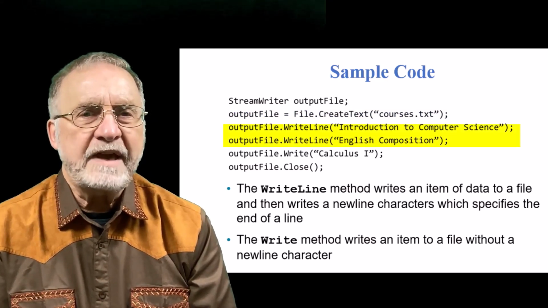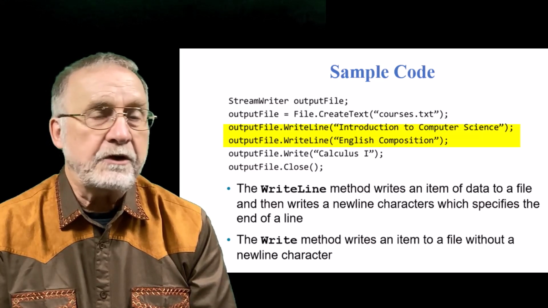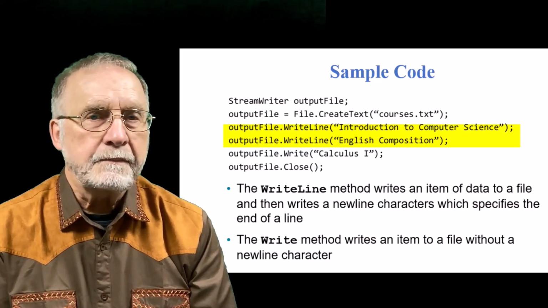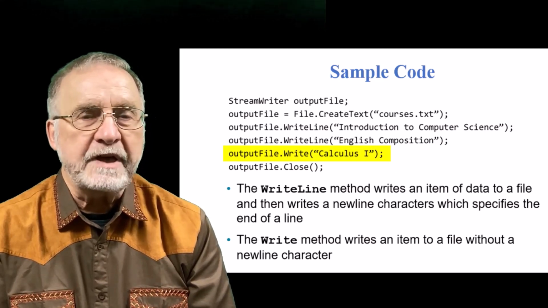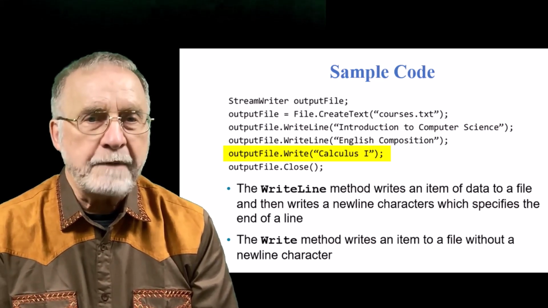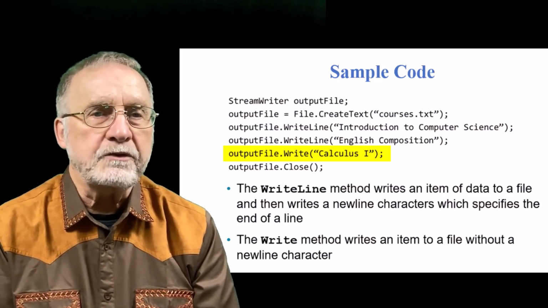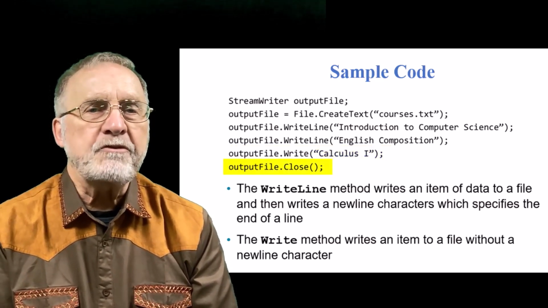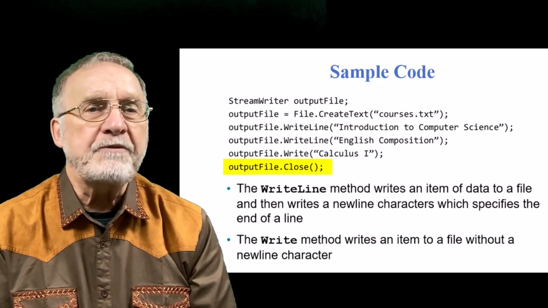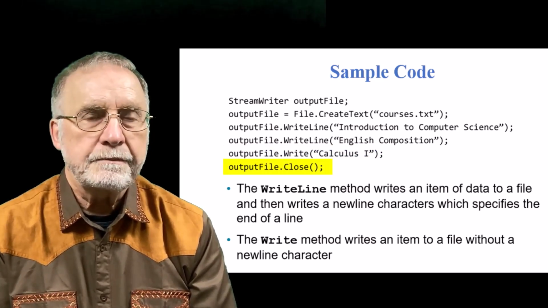After each line of data is written, a new line character is added. Next, a simple write is used to write the last piece of data to the file. The write command adds no new line character to the data. Finally, the StreamWriter object named output file is safely closed.